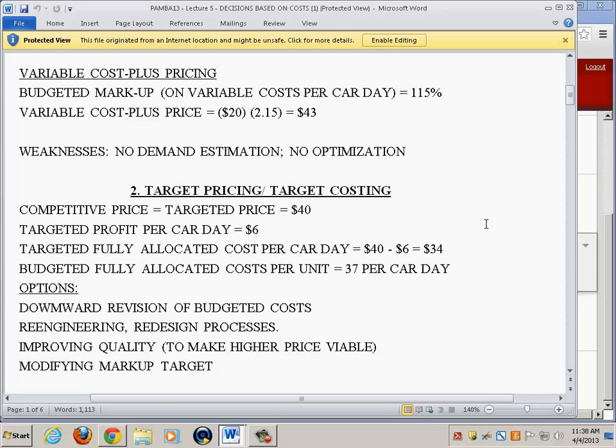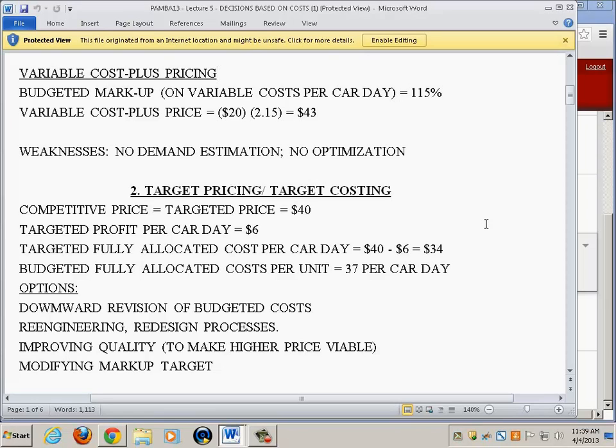Or we could look at the price and say maybe the competitive price is 40, but if we add quality features, improve our quality, and can find a way to add unique quality features to our car rentals, maybe we could charge a premium price above $40. Maybe we can charge 43, and then if we have to realize $37 of costs, but we can charge a premium of $3, $43, we can still realize the profit of 6.